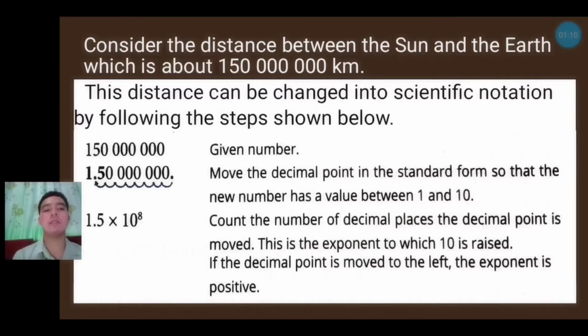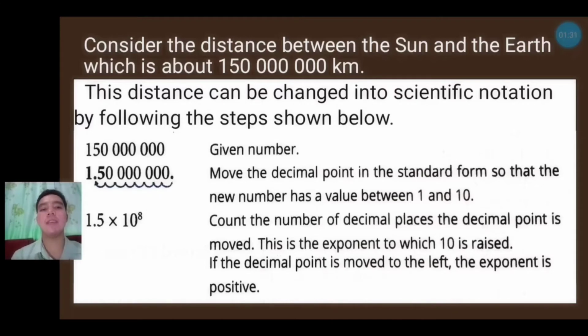Take note that the whole number part should be from 1 to 9. So this will be 1.